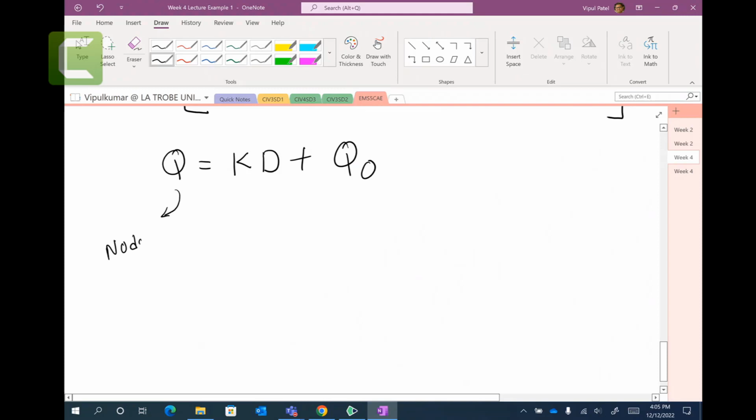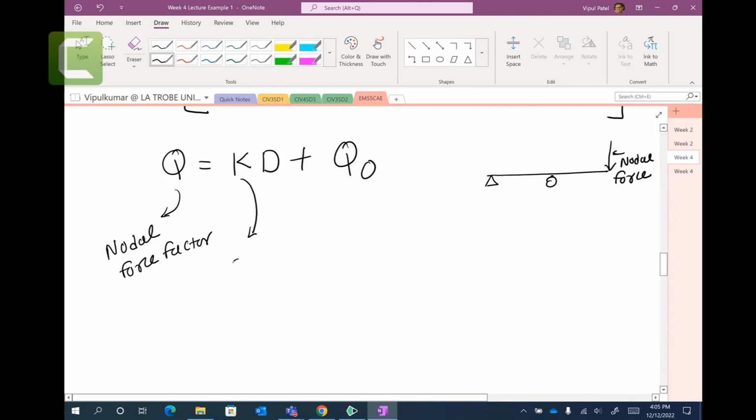Nodal force vector means when the forces are acting, let's say you have a beam here like this, and the force is acting on the nodals. That is your nodal force. That's what they're talking about.